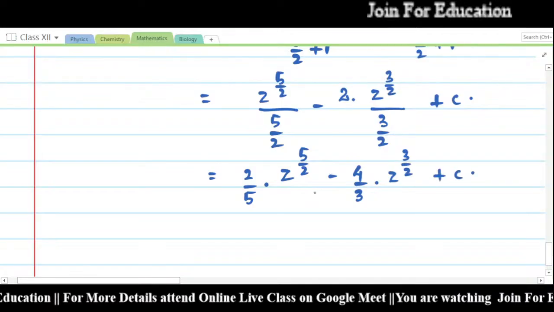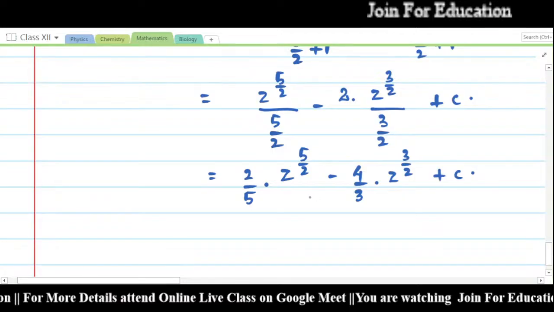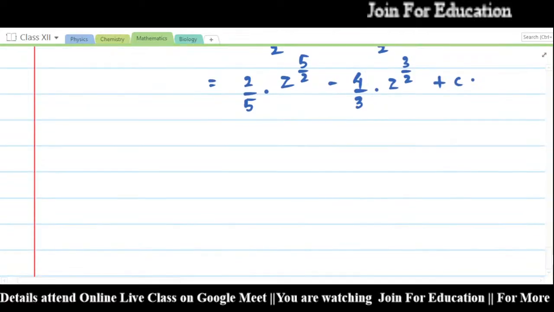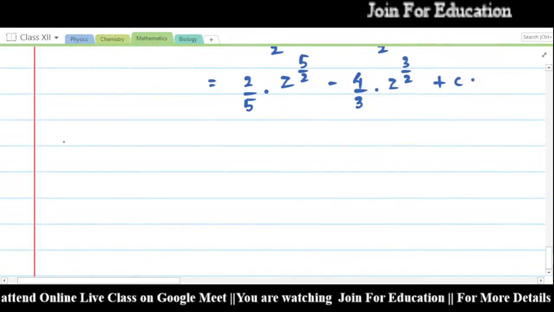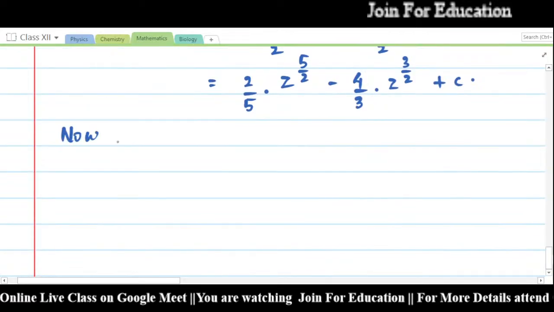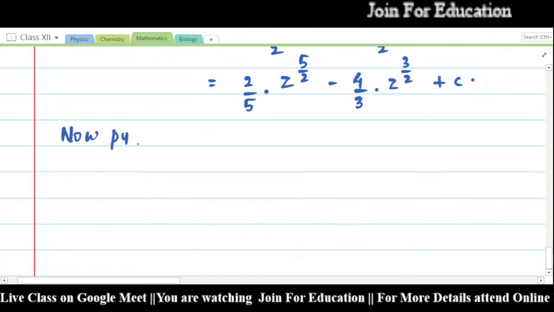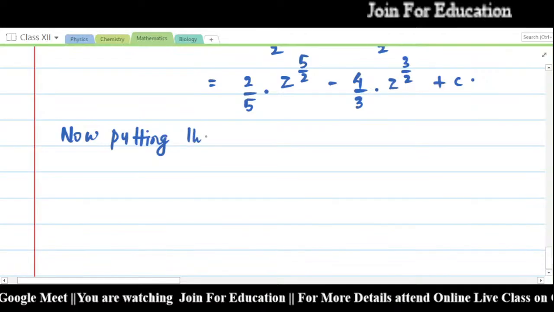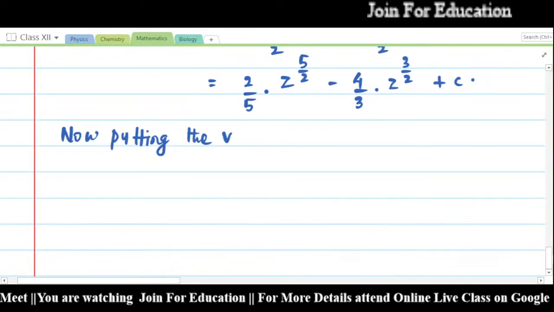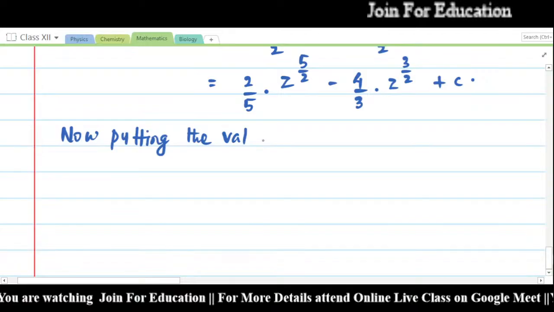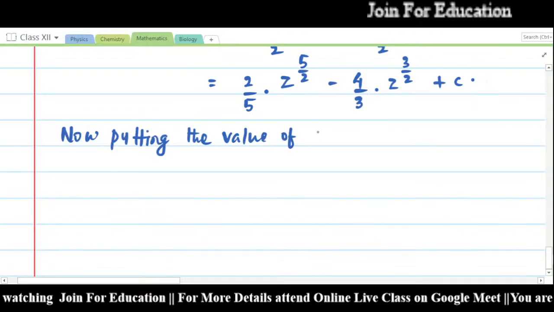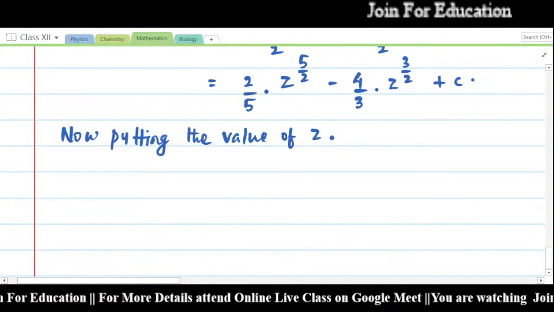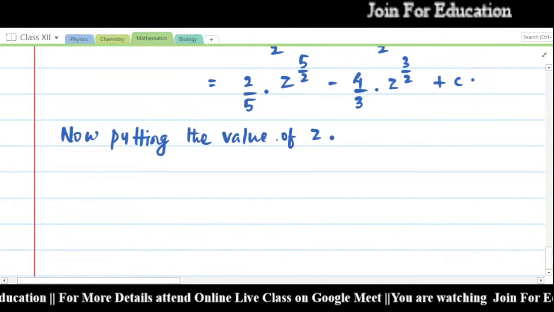Now putting the value of z. So here the value of z is x minus 2.